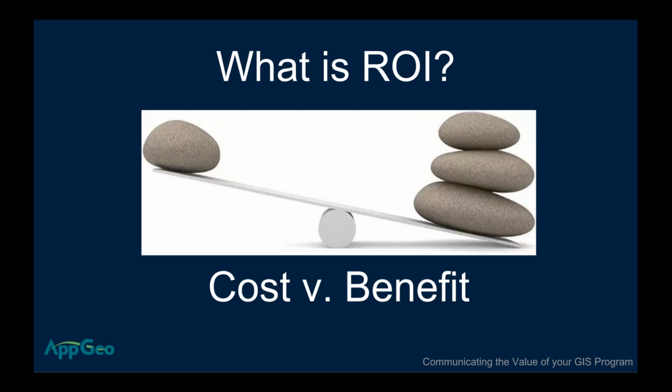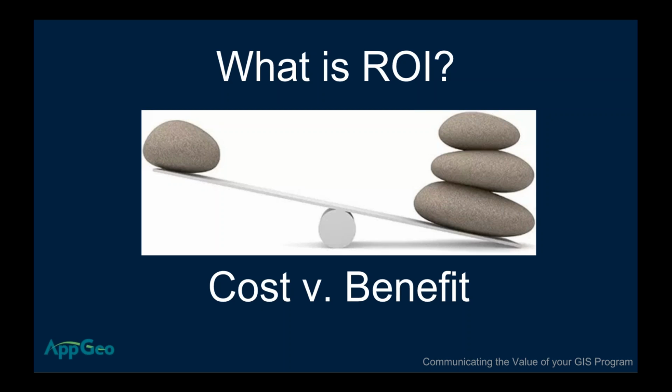The term ROI, return on investment, gets thrown around a lot, but it's really fairly straightforward. It's basically a calculation weighing the costs and benefits of any decision or investment or program or potential purchase. And in the end, it's really as simple as if the benefits outweigh the costs, then that investment decision is a good one.